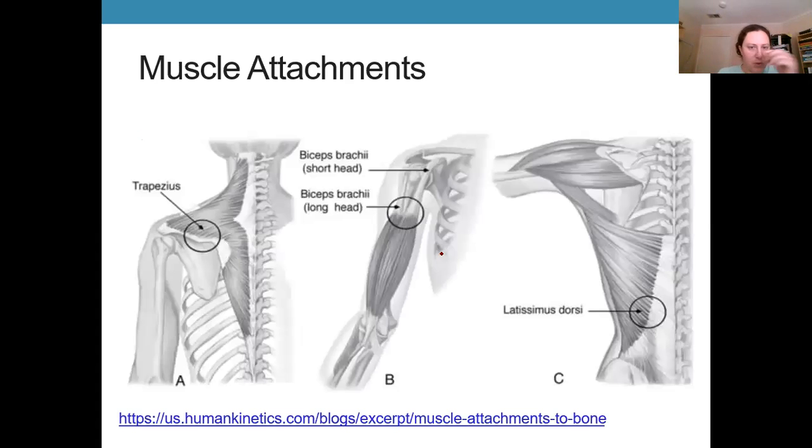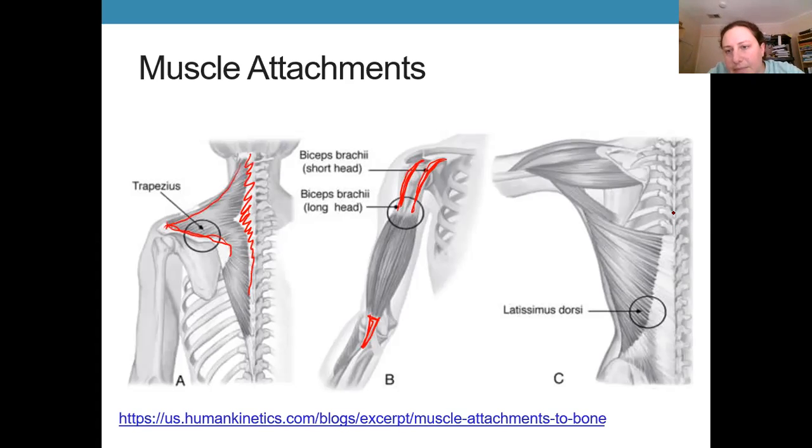So here's some examples of both. So here's our biceps, and our biceps has 2 proximal attachments, and then 1 distal attachment, and they're all indirect, so you can see the tendon. The trapezius muscle is this guy back here, and it's got basically an aponeurosis here and a direct attachment to the scapula.